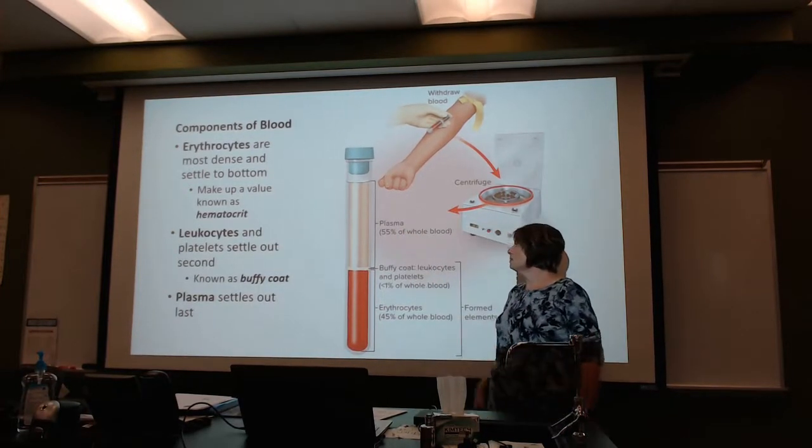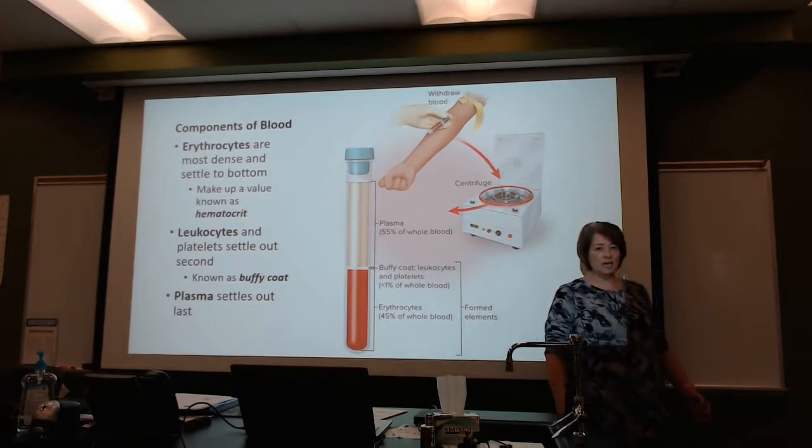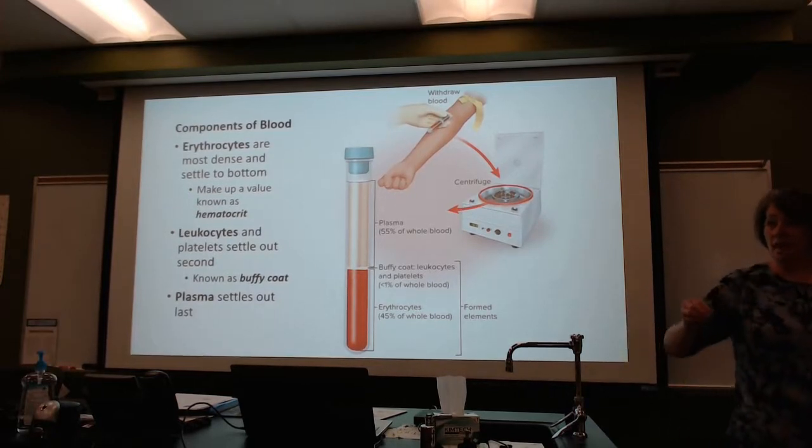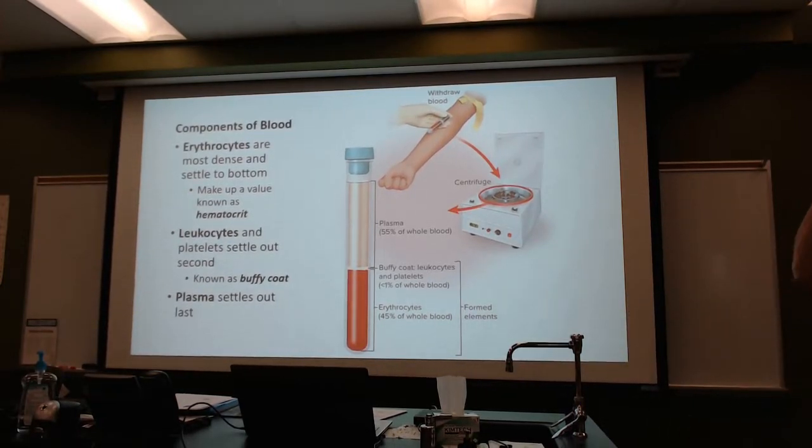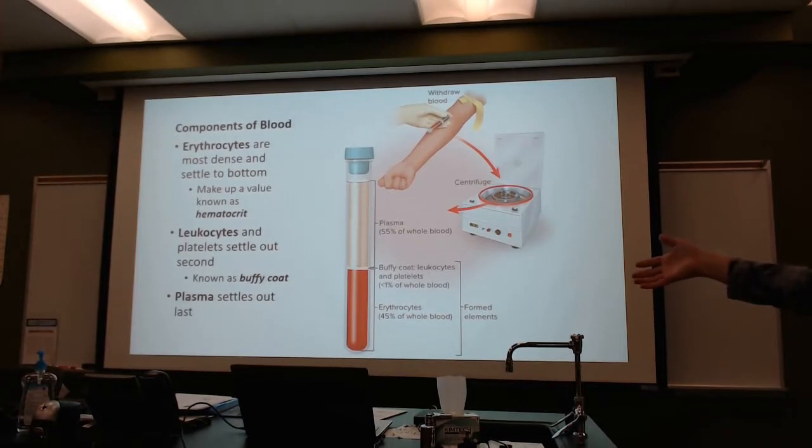My plasma is carrying stuff such as nutrients and gases. My red blood cells, their job is pretty much to transport oxygen. We need a bunch of those. That's why there are so many.